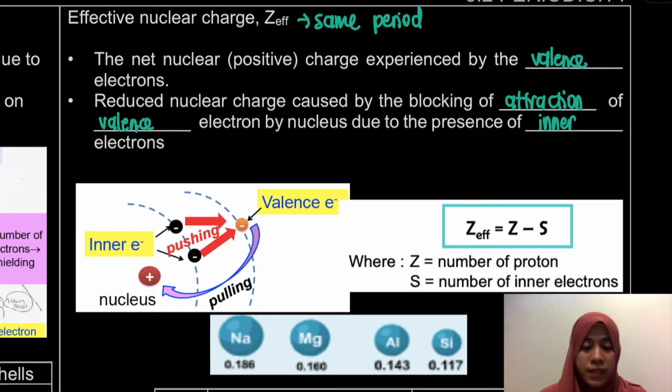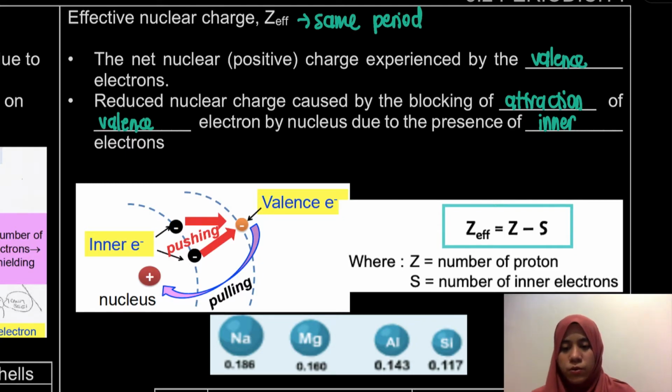Again, because there's a repulsion between the electrons themselves, that's why there's less ataupun reduced nuclear charge. So it means that the valence electron experiences less of our nuclear charge. Dia kuranglah rasa attraction to itself.